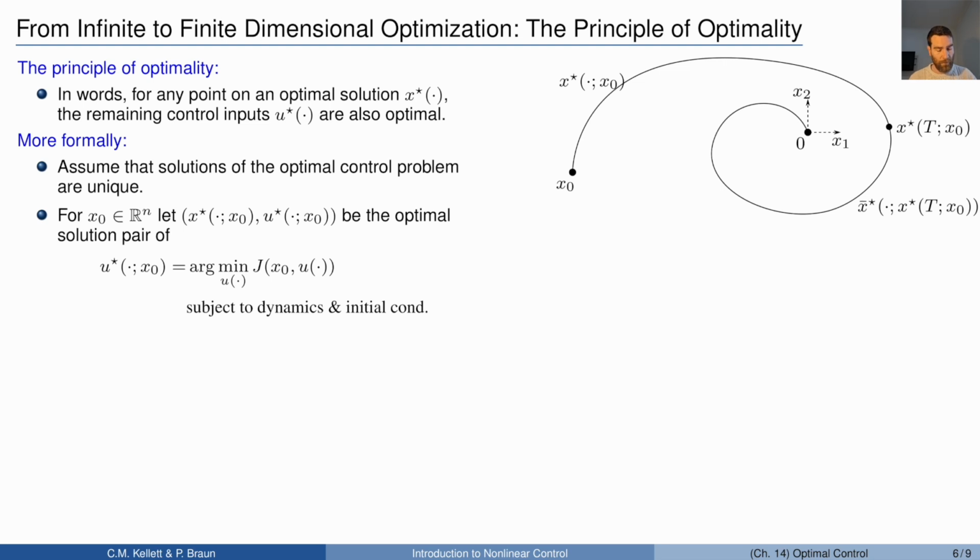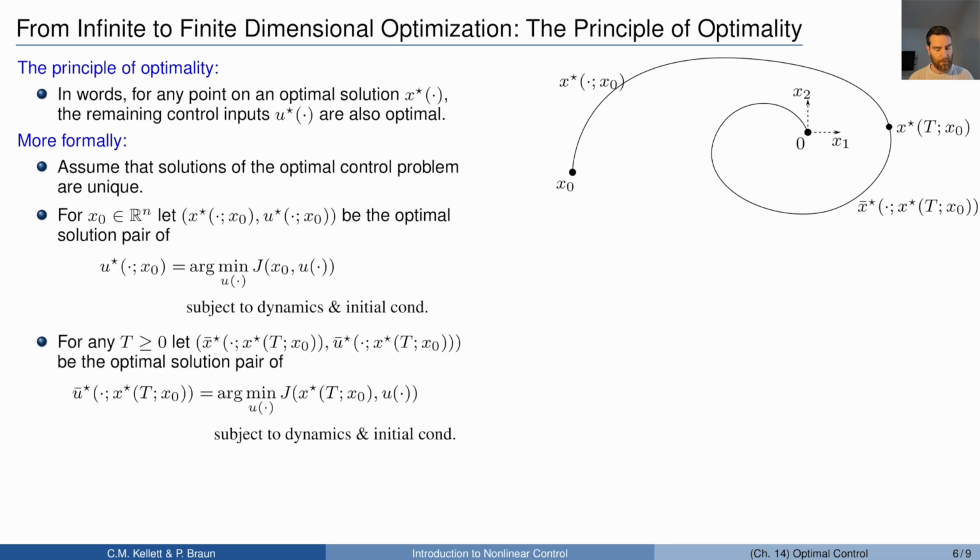Then if we take an initial condition and let x star, u star be the corresponding optimal solution of the optimization problem we have looked at before, meaning we want to minimize the cost function subject to dynamics and initial condition, then we can take any arbitrary capital T larger than 0 and now look at the solution x bar of x star where we have changed the initial condition here.